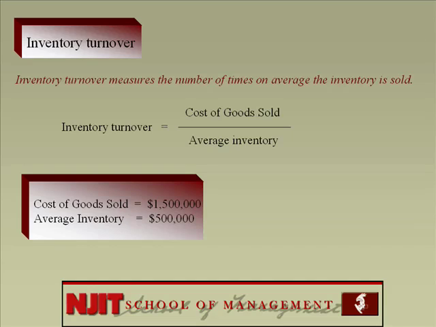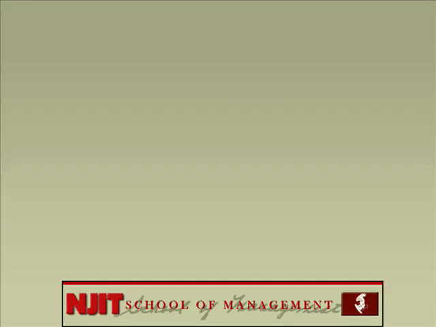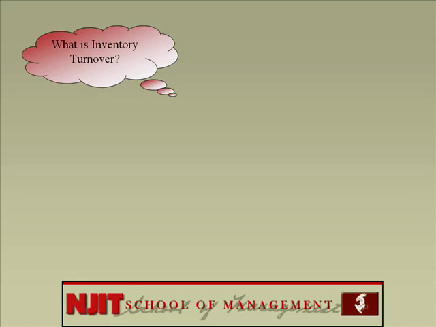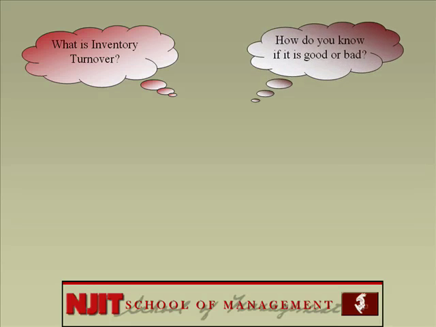Spend 2 minutes and tell me the inventory turnover. Then tell me, is it good or bad? So, 2 questions. What is inventory turnover? And how do you know if it's good or bad?